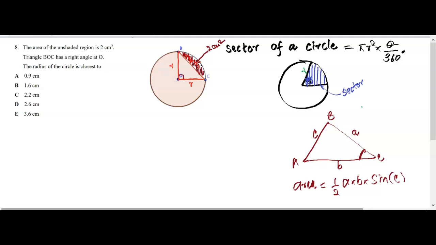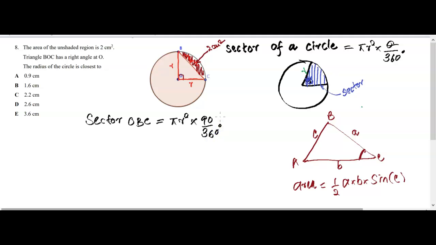So what is the area of the sector of the circle? We don't know r, but we have some information, so we'll figure it out. The sector is equal to pi r squared times theta over 360, and because we don't know r, we are just going to use the letter r. But we know the angle theta is 90, so 90 over 360, right?